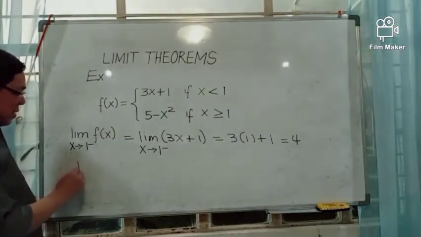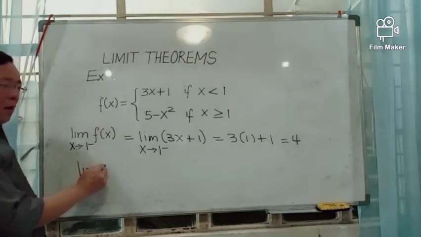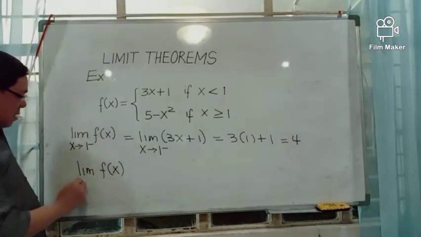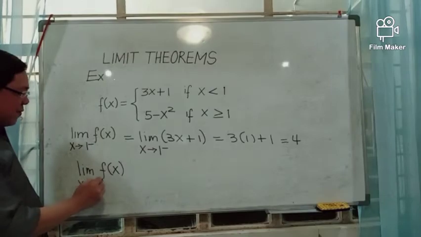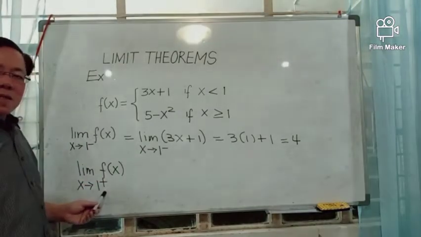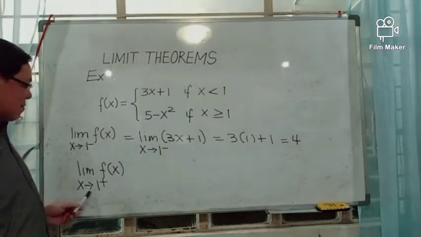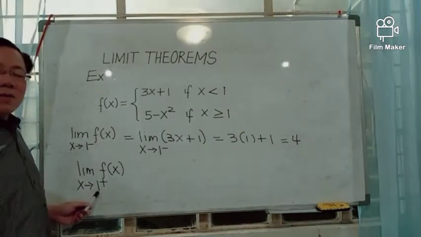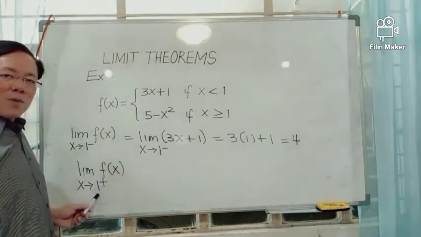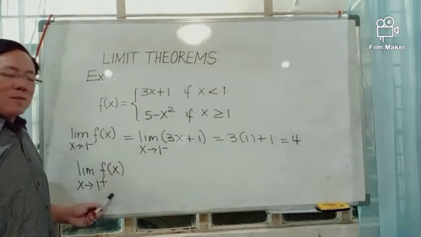We write the limit of f of x as x approaches 1 from the right. In this limit, the values of x are greater than positive 1, or the values of x are those real numbers to the right of 1.